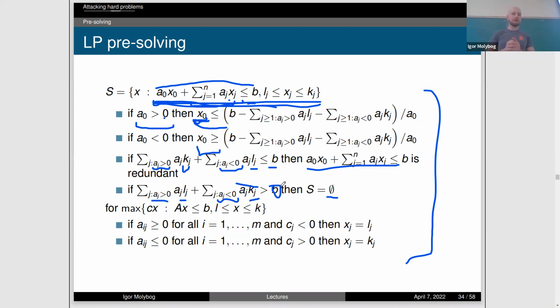satisfy this. Two are just the inequalities that can be added to any subset of inequalities based on one of the inequalities.